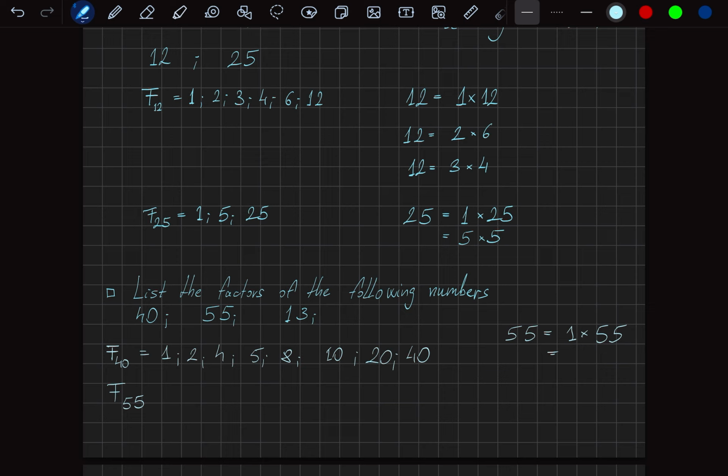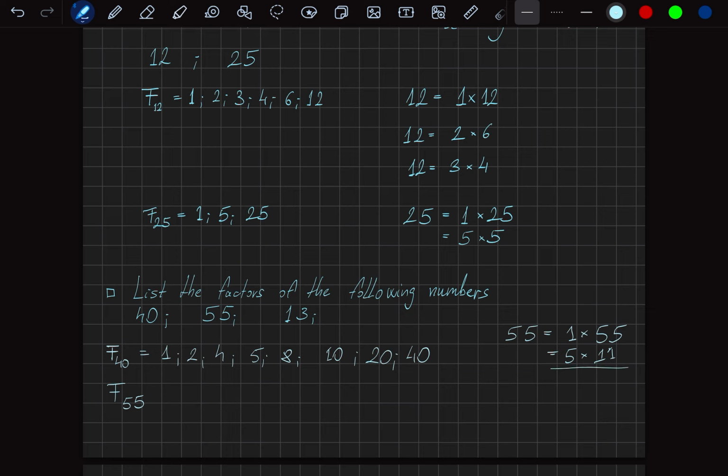55. I cannot divide by 2 or 3 or 4, but I can divide by 5: 11. 6 no, 7 no, 8 no, 9 no, 10 no, 11 again.